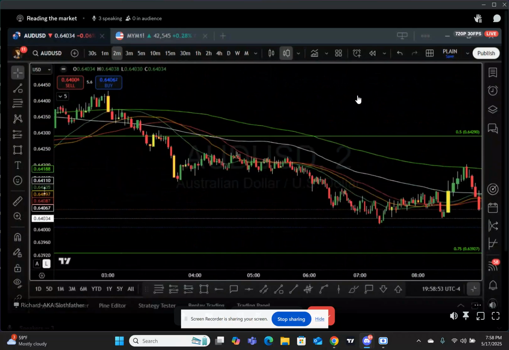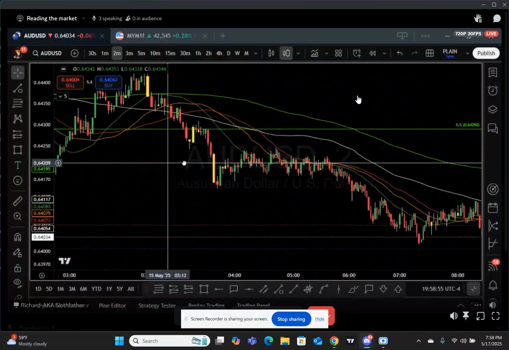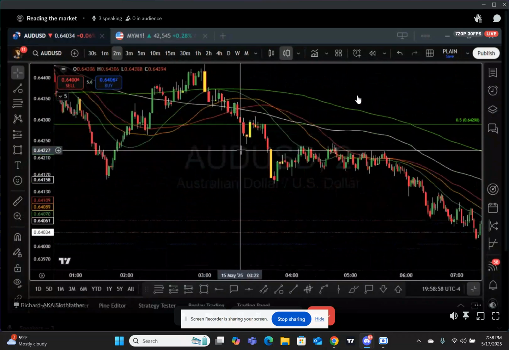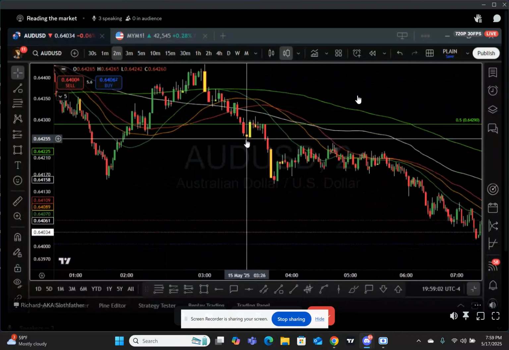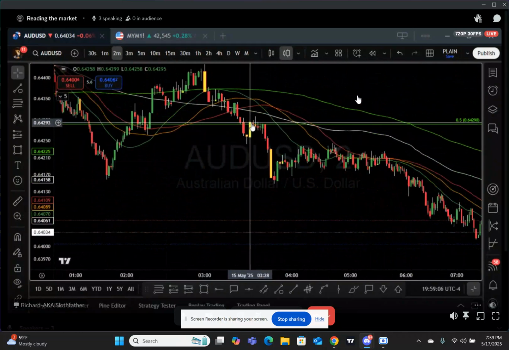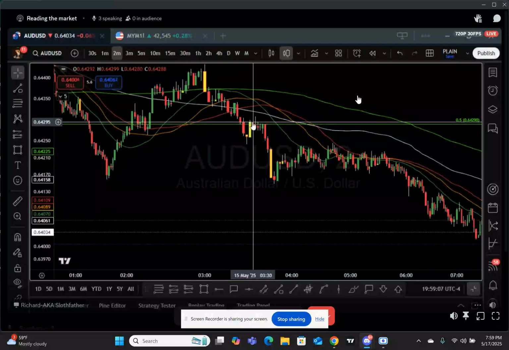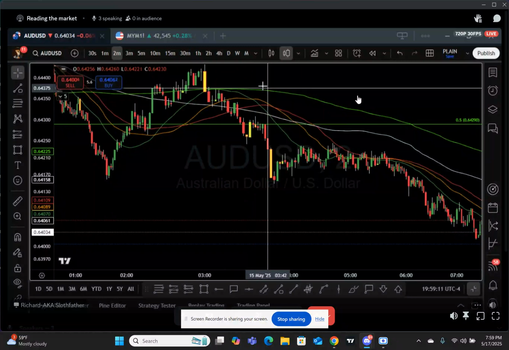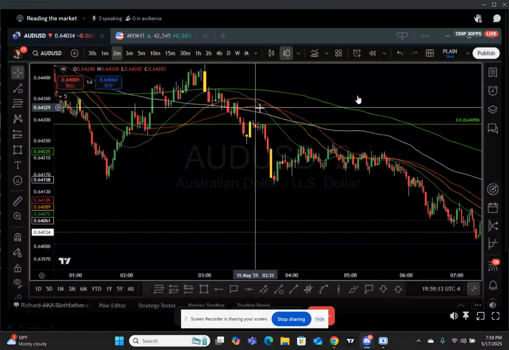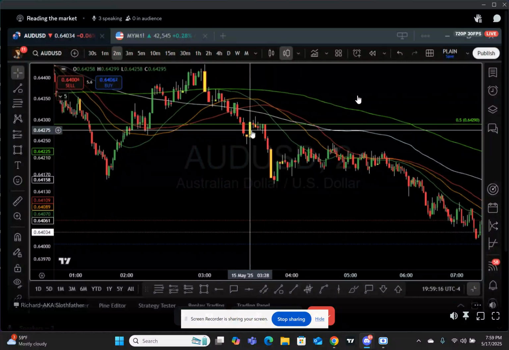Now, if I'm looking to go short, because that is my higher time frame bias, I can ignore this bottoming tail bar and this green elephant bar. Why? Because I'm looking to go short, and we are below all of our SMAs. There's no way I'm going long on the signal.